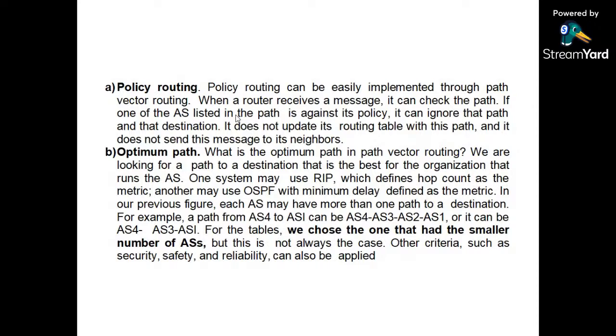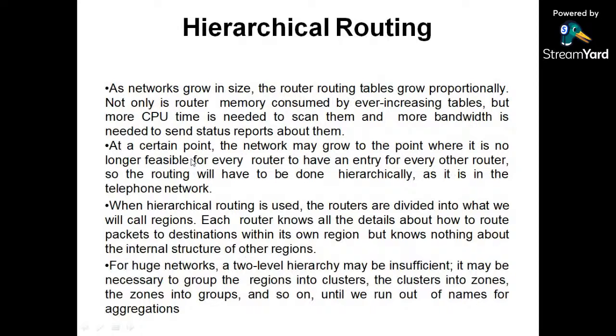In our previous figure, each autonomous system may have more than one path to a destination. For example, a path from AS4 to AS1 can be AS4, AS3, AS2, AS1, or it can be AS4, AS3, AS1. We choose the one that has the smaller number of ASes, but this is not always the case. Other criteria such as security, safety and reliability can also be applied.